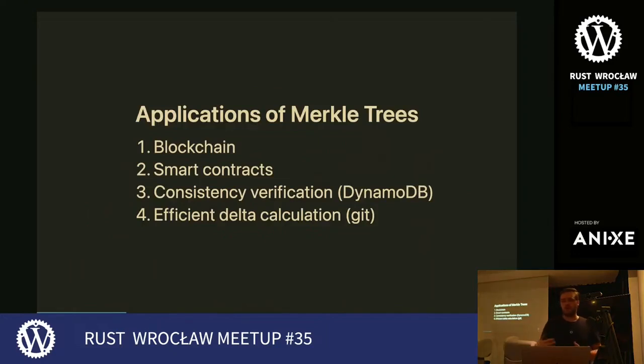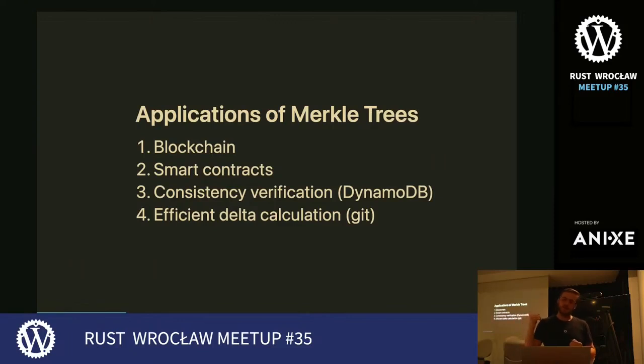Applications of Merkle trees range widely. Let's face it, if you are learning about or using a Merkle tree, chances are high you're either working in blockchain or you're interested in working in blockchain. However, during a brief research for this presentation, I also learned that apparently AWS's DynamoDB uses Merkle trees for consistency checking.